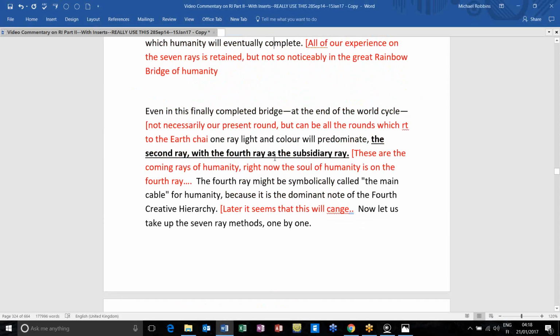So interesting here about humanity's 2nd ray and 4th ray. We are destined to be a 2nd ray kingdom. Our creative hierarchy is ruled by the 4th ray, and it's the main cable, but the 2nd ray is emerging.